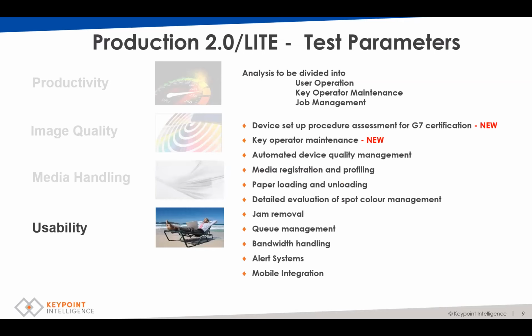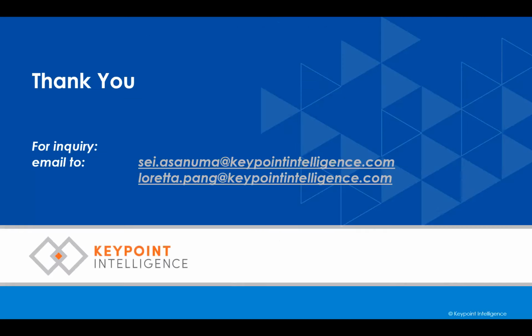Usability can be briefly divided into 3 sections: one is user operation, then key operator maintenance, including some daily or regular maintenance, and lastly, job management. These are the 3 major factors that come into play for usability.